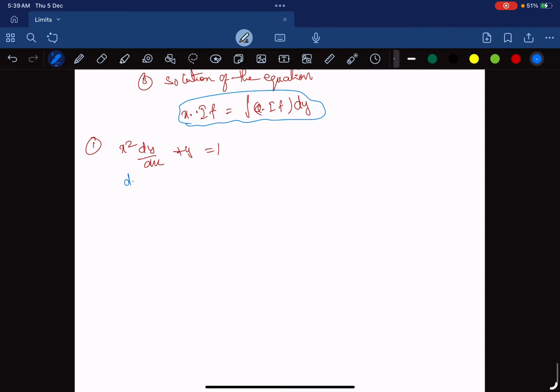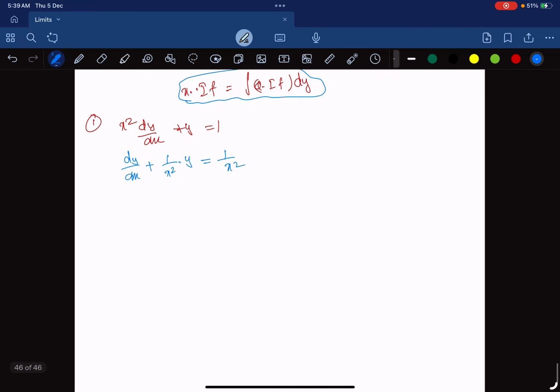So dy by dx plus 1 by x square into y is equal to 1 by x square. Now it is of the form dy by dx plus p into y is equal to q, where p is equal to 1 by x square and q is equal to 1 by x square.